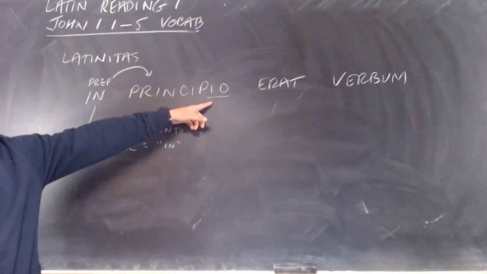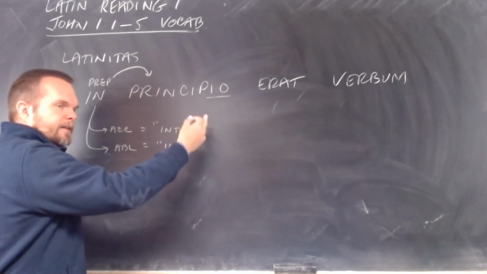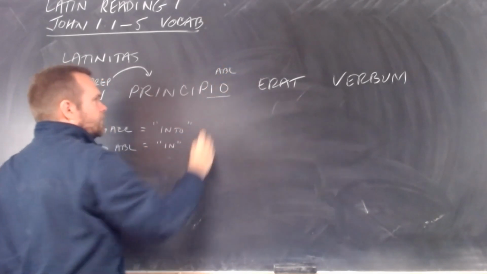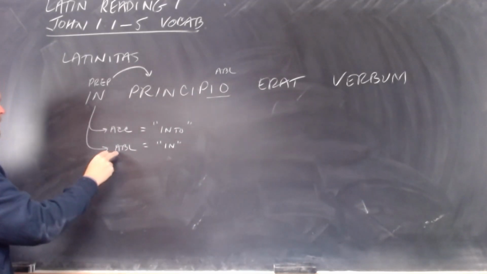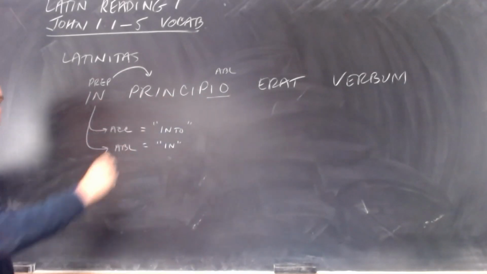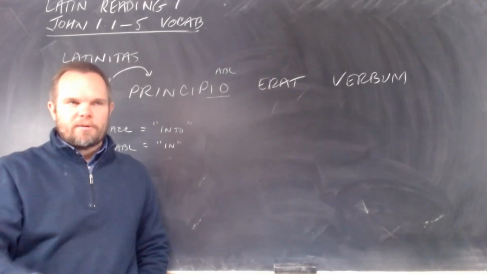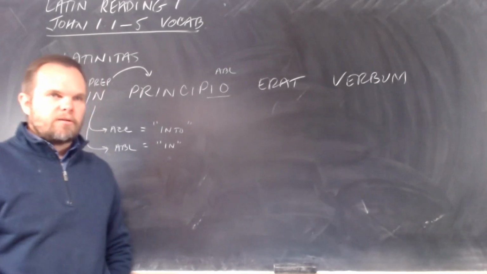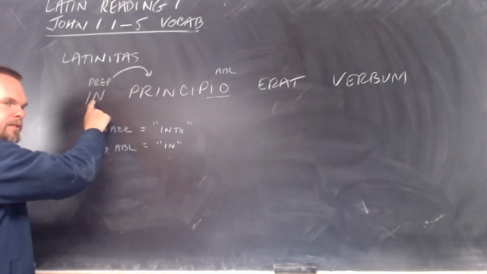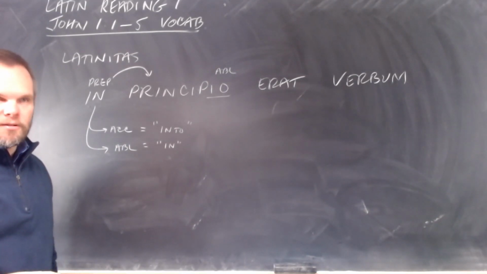And what we see here, when we study grammar, is that principio is a substantive noun, and the ending here is ablative. And so we're going to use this meaning of the preposition in, and that's why in our translation we say in the beginning, not into the beginning. All right? The form or the case of this noun tells us how to translate this preposition, because there are lots of options.